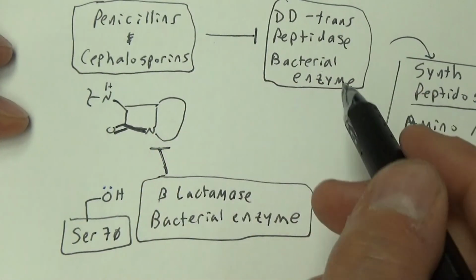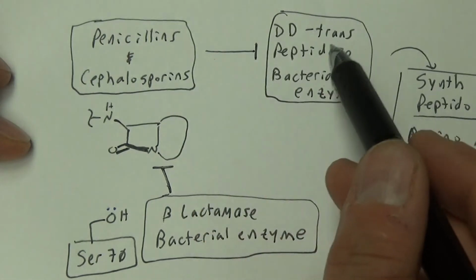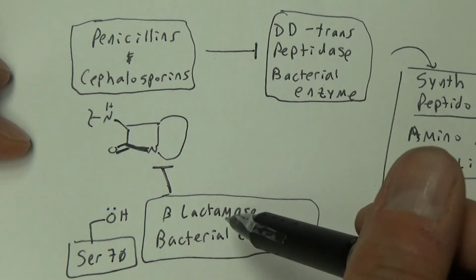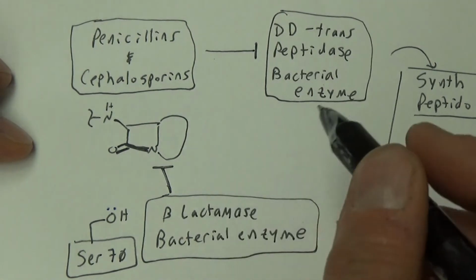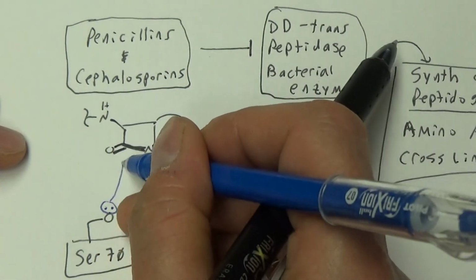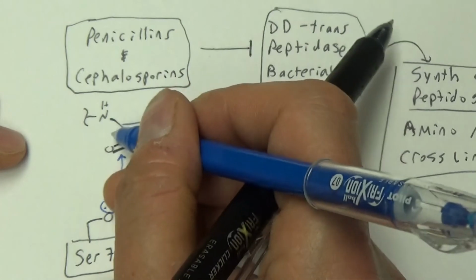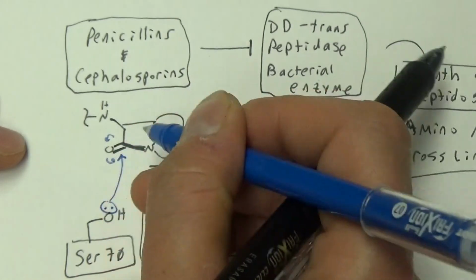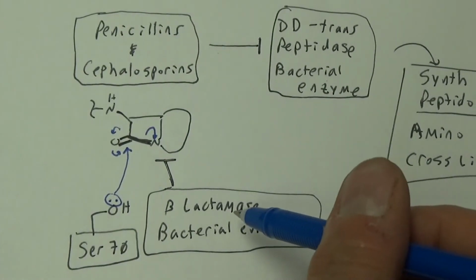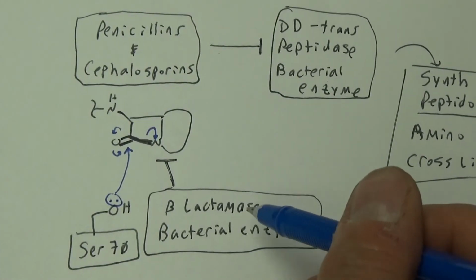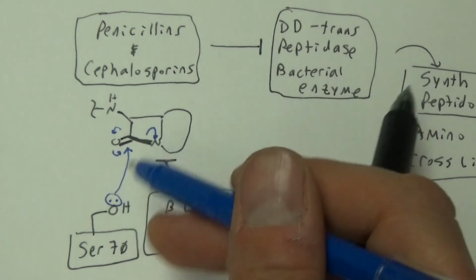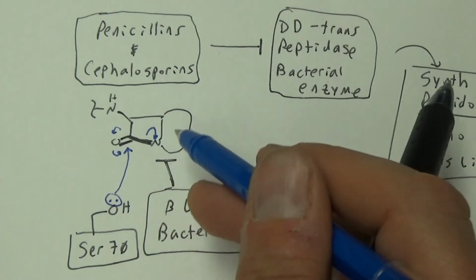We're using our drug to block and inhibit DD transpeptidase, then the bacteria is fighting back and blocking our drug with beta-lactamase. And it's pretty cool, I guess. Serine just attacks and electrons go up, electrons go down, and then break this off. And beta-lactamase, what do you think that stands for? Well, ACE usually hydrolyzes things. This is basically hydrolyzing the drug and destroying it, because the beta-lactam is important in the activity.